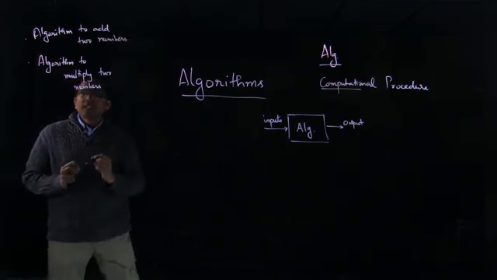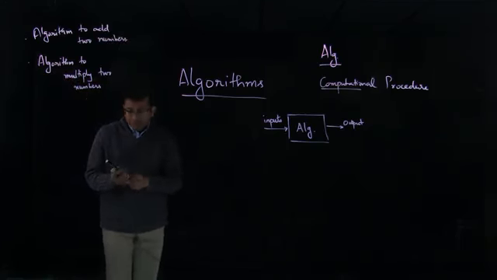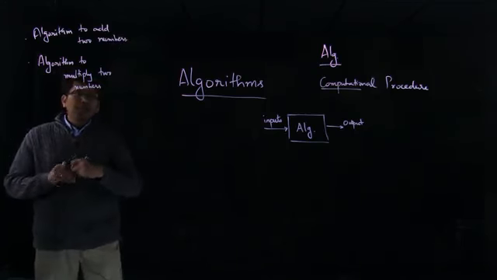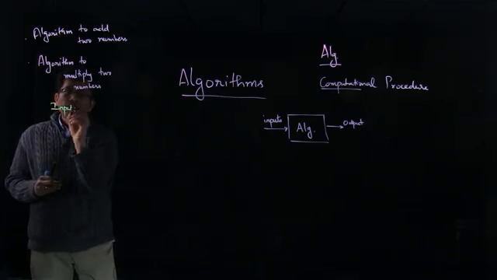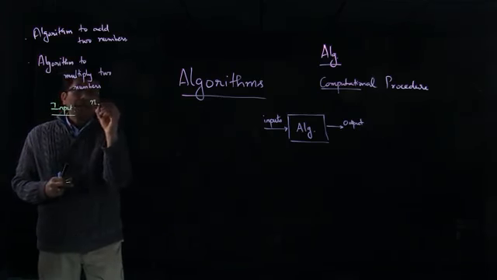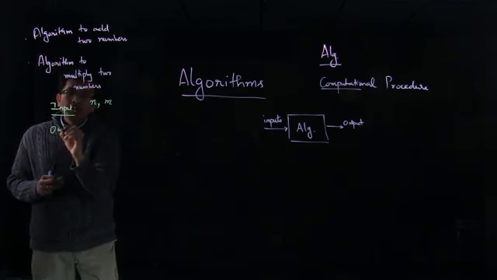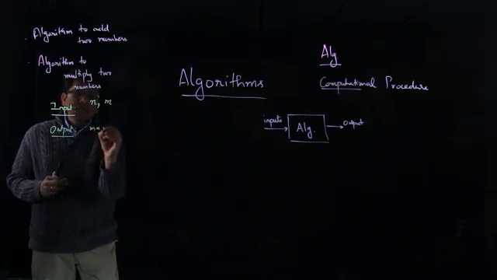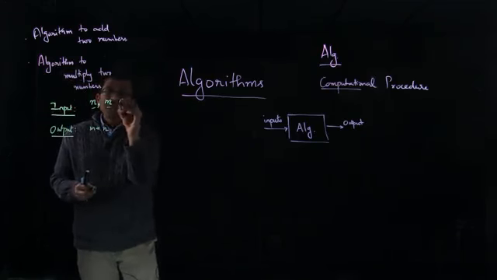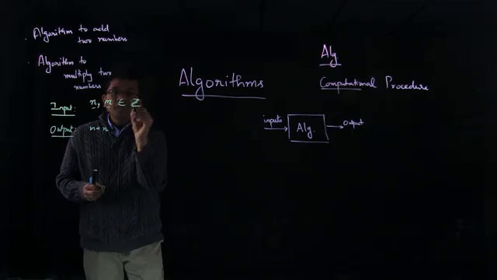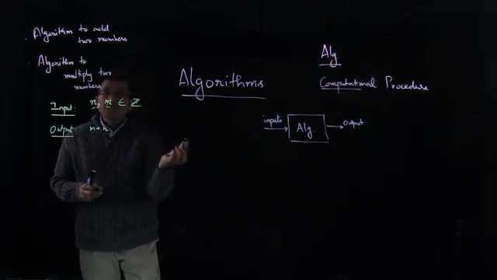Okay. Now what's an algorithm to multiply two numbers? Suppose I gave you an input. The input would be two numbers, n comma m, and the output must be their product, m times n. Okay, so this is an example of the specification. So n and m are integers, and the output is the product of m and n.